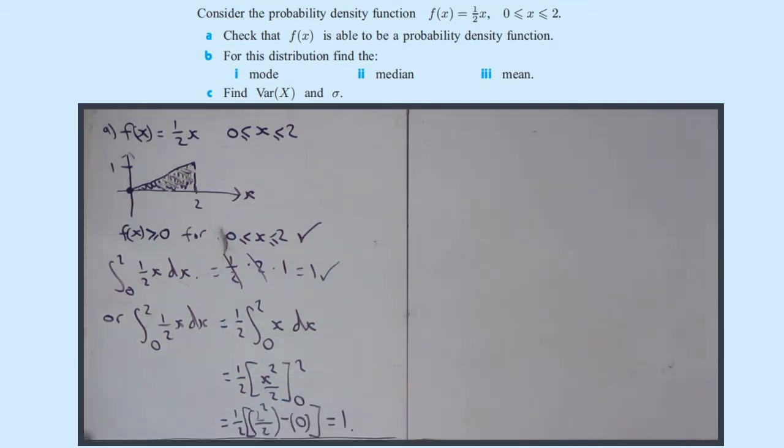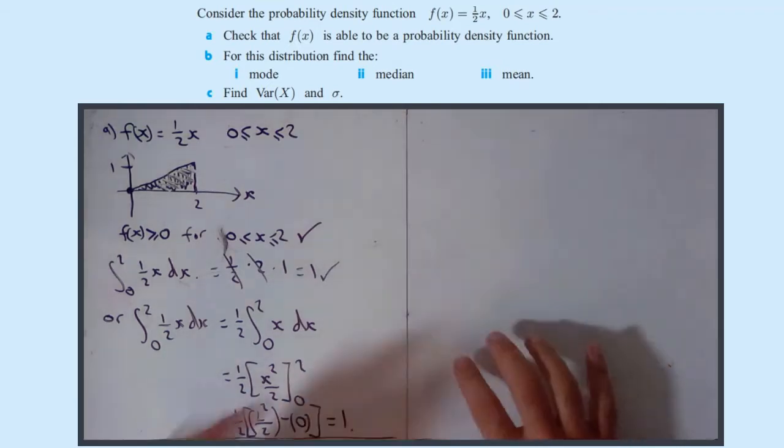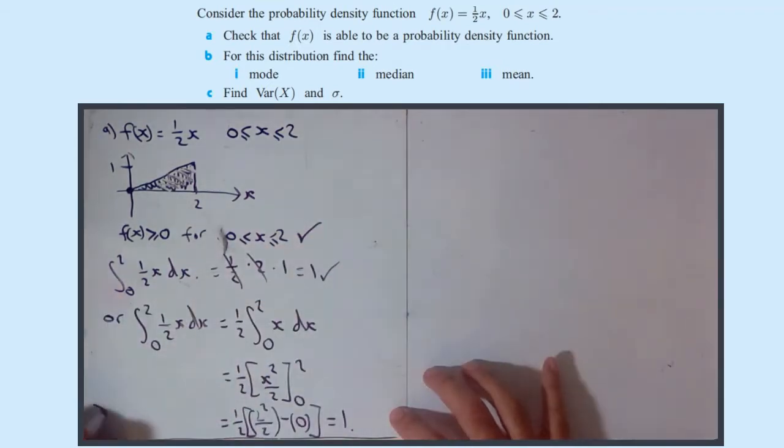So yes, this can be a probability density function. It can be a PDF.